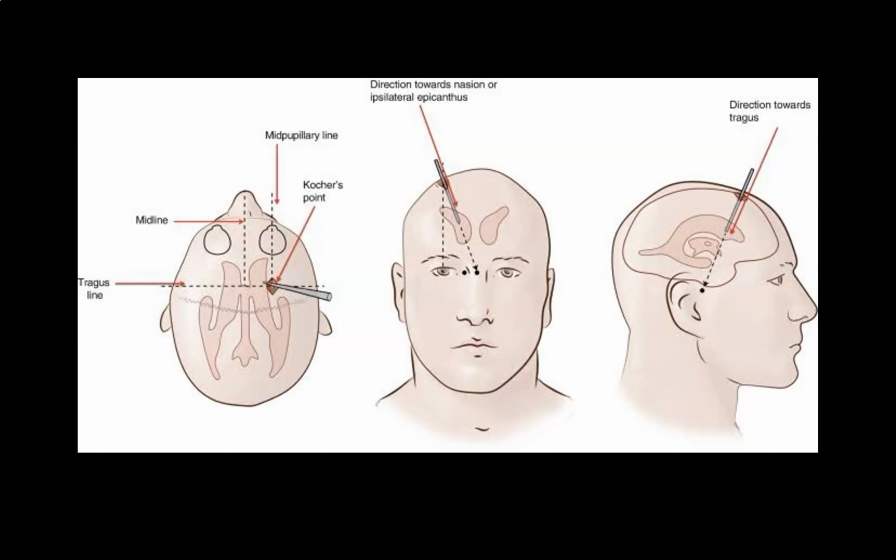And other than the Keen point, we talk about Kocher's point. Where is Kocher's point? Kocher's point is a very important point present at the coronal suture or anterior to it by 1 centimeter or 2 centimeters, and it is 2.5 to 3 centimeters from the midline, and it hits the lateral ventricle.